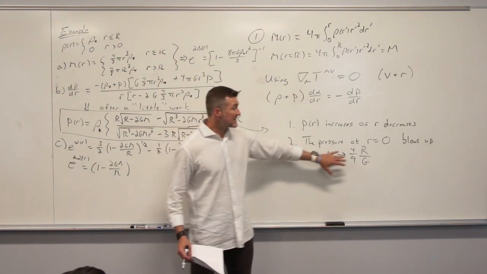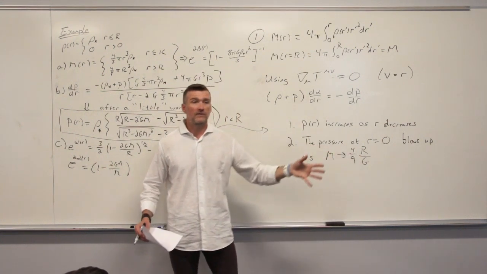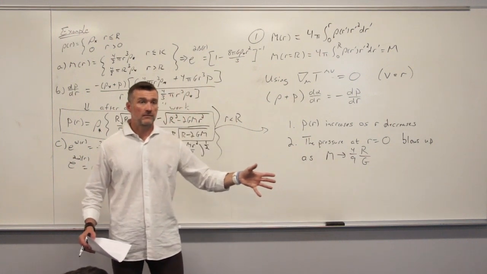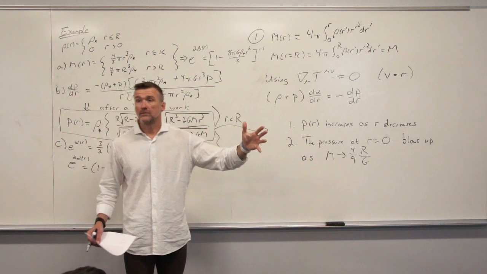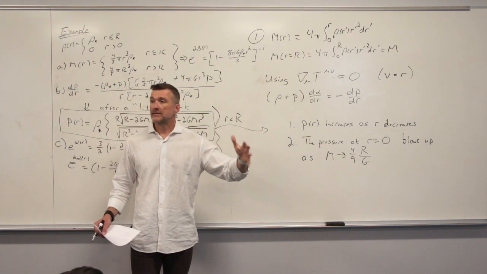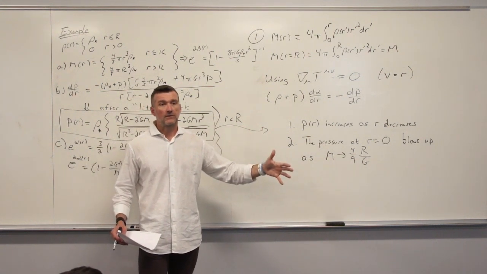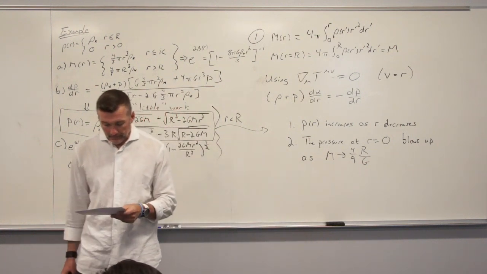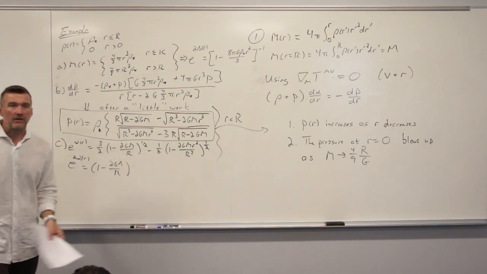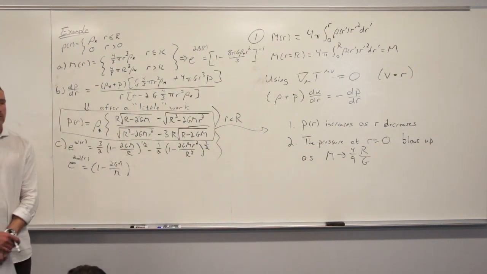If the mass is less than this, the pressure isn't going to diverge at the origin. But if it gets to that value or any higher value, then the pressure at the center is infinite. That's not consistent. You can't have an infinite pressure. Sounds like a black hole to me.